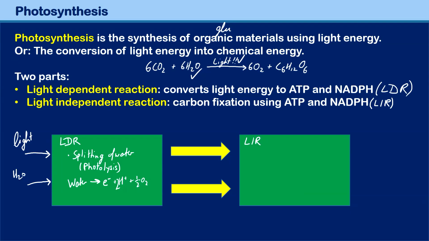Don't let this 1/2 confuse you over here, because I only have 1 oxygen in water. If you don't like that, then we do the following. We say 4 electrons, 4 E minus, plus 4 H plus, plus a molecule of O2. Maybe this confuses you less.